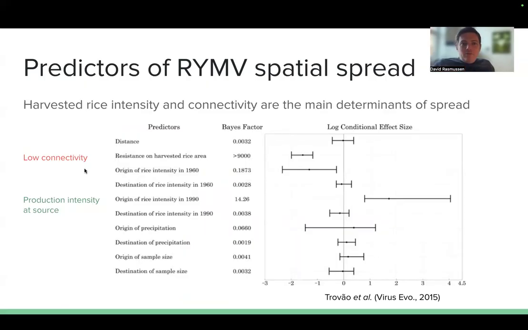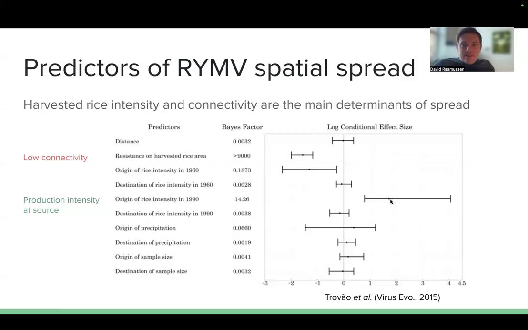First of all, low connectivity, meaning fragmented landscapes where rice production is physically broken up across the landscape by other non-rice producing regions, is a very strong negative predictor of RYMV movement, which makes sense. And also production intensity, how much rice is grown at each one of these locations, is a strong positive predictor of movement throughout Africa.